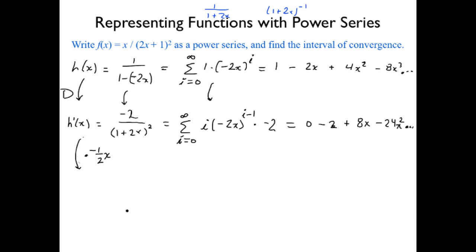And that's what we wanted. Right? So when I do it here, I'm going to get f. When I do it here, negative 1/2 x times this is x over 1 plus 2x quantity squared. That's what we wanted. So that's what we're going to do to this as well.